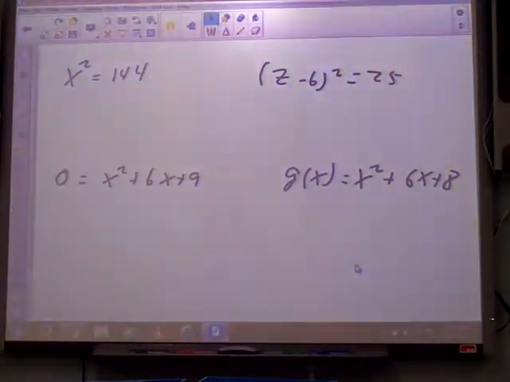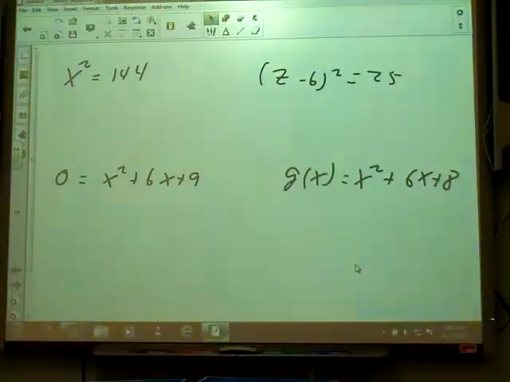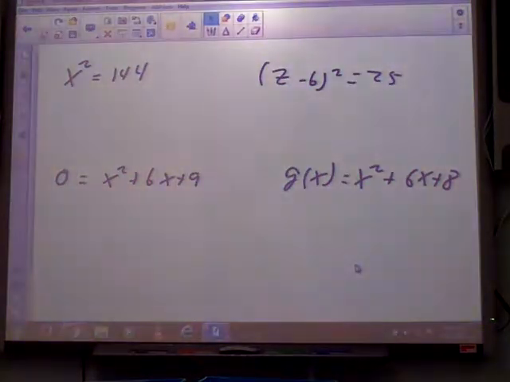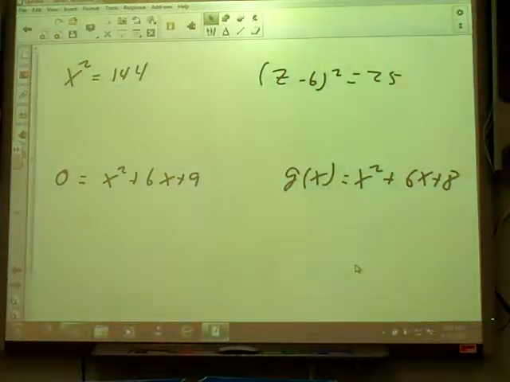Do you have to do this? If you want to foil it, that's not it. You have to factor.